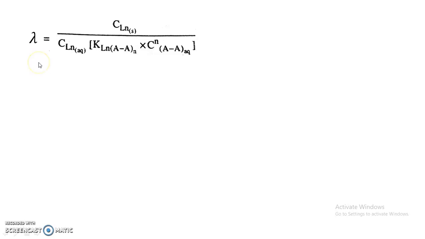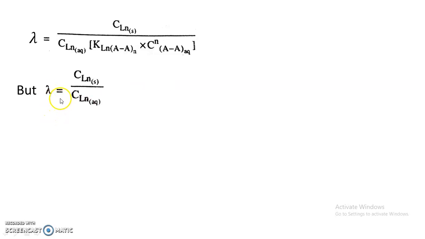After simplification we get lambda is equal to the concentration of Ln solid upon the concentration of Ln aqueous, which is a common term, into 1 plus K Ln An into the concentration of A aqueous raised to n.